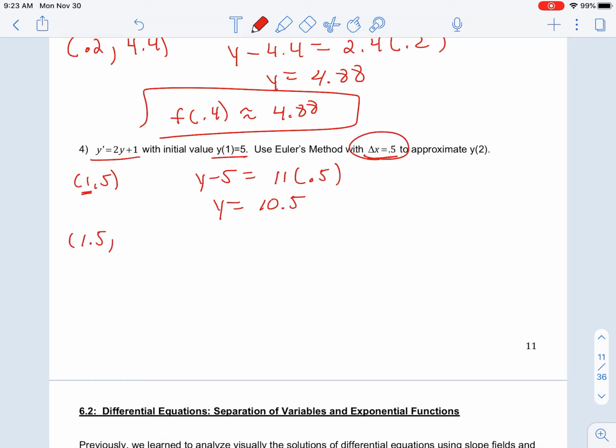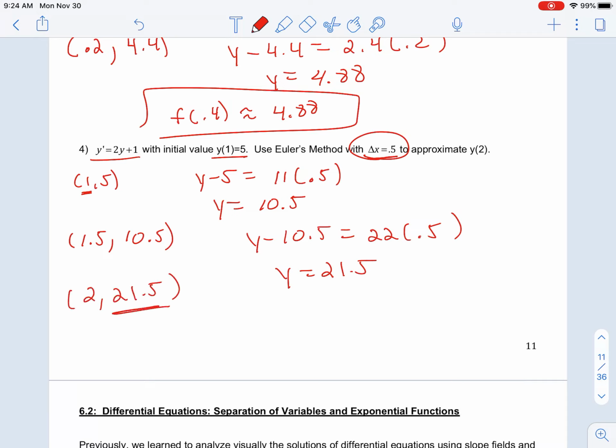You started at 1. You're going to move the x coordinate up by 0.5. And then my y value is 10.5. So here's my new equation. If I plug in 10.5 here, this ends up being 22 actually. Solve for y, I get 21.5. So the next point would be 2 comma 21.5. So this is the y value that we were looking for.